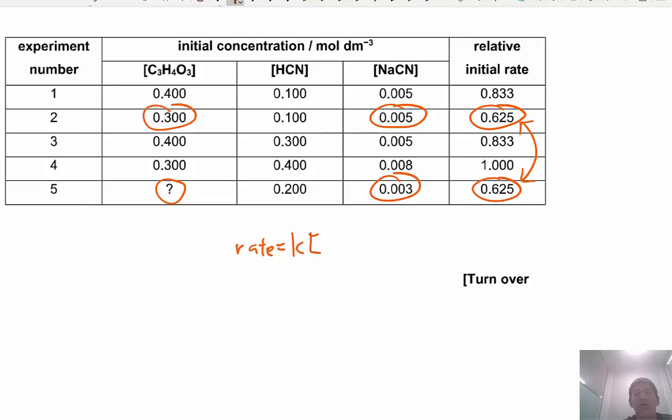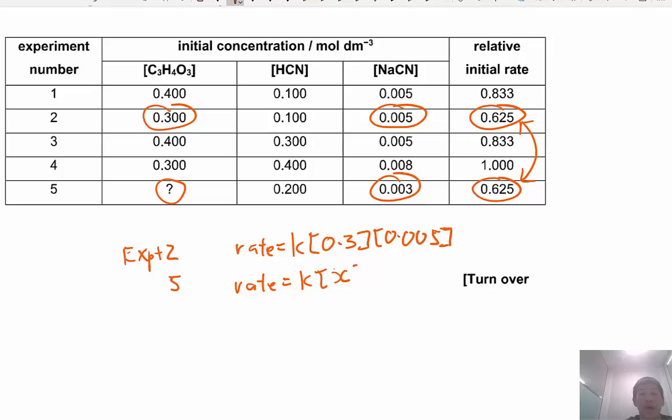So in a way, we write out a rate equation, which we know already, right? It is 0.3 times 0.005. This is for experiment 2. Correct? And experiment 5, the rate is k, unknown. Let's just do the X, 0.003. And you realize they both have the same initial rate.